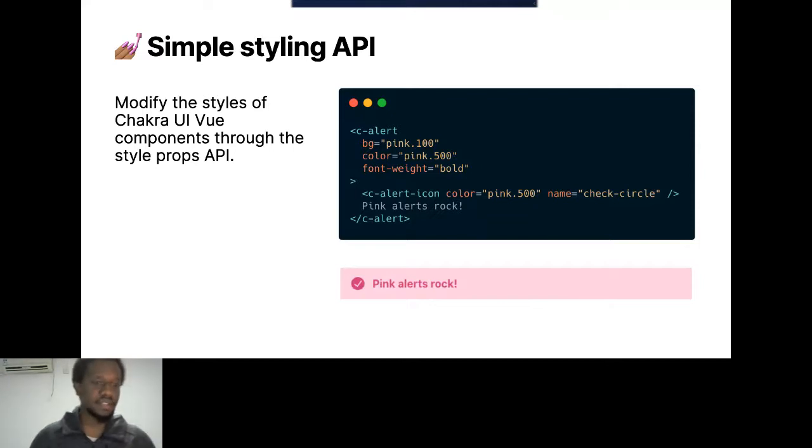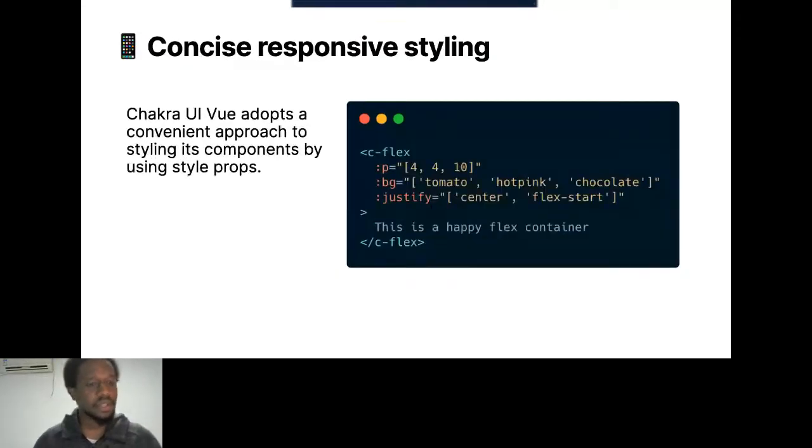So for devices under the first breakpoint, which is for mobile, we have a padding of 4. And then for, let's say, landscape, which is typically around the mobile landscape breakpoint, we still have the same padding of 4. And beyond that, you have a padding of 10. So it's very convenient when you're styling. You don't have to write very nested CSS or your own media queries. It's so convenient. Just a few characters, and you already have a responsive component.